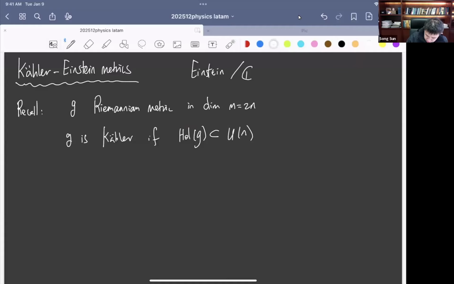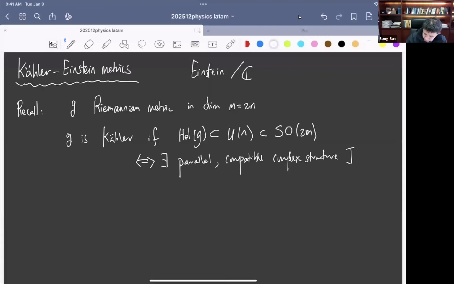What this means, this is a subgroup of SO(2n), is that there's a parallel compatible complex structure J. So it is orthogonal with respect to G at every point, and of course J squared is minus identity.